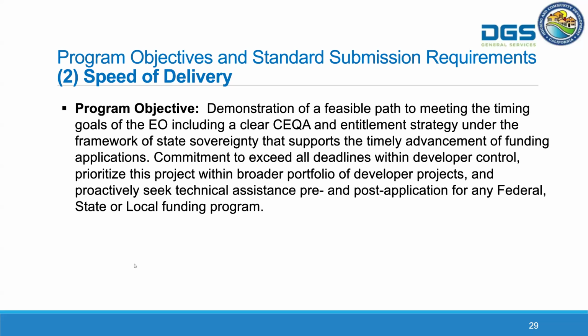Commitment to exceed all deadlines within developer control, prioritizing this project within your broader portfolio of developer projects, and proactively seek technical assistance pre and post application for any federal, state, or local funding program. We want to see that you have the capacity, resources, and expertise to move the project forward quickly. Next slide, please.